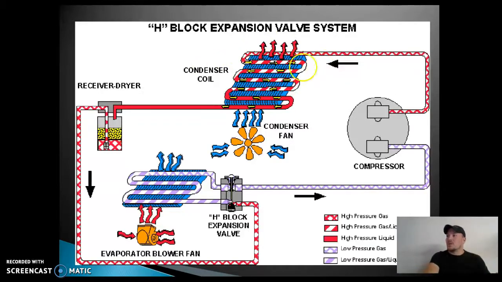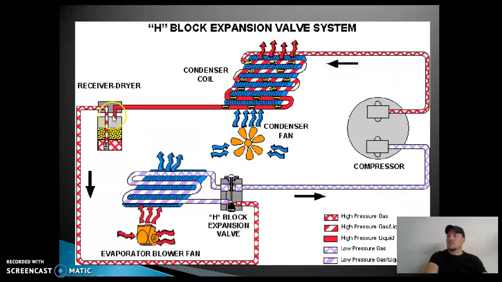Now when that heat's pulled out of the freon, we're going to get a state of matter change, right? It's going to go from a vapor to a liquid. You're also going to get some temperature differential here, but the main thing we want is the matter change to a liquid.